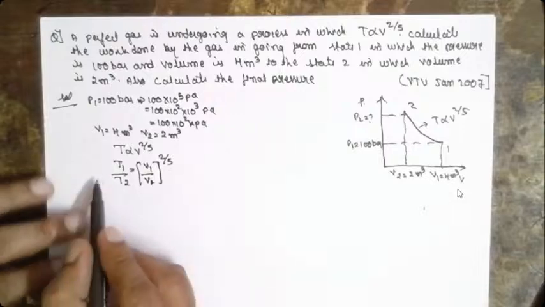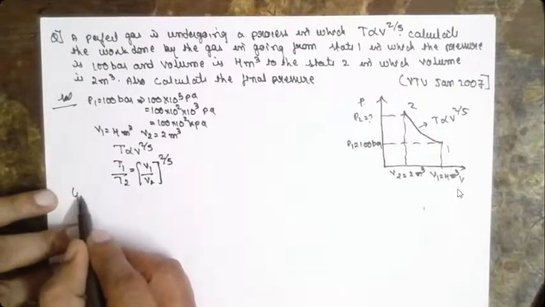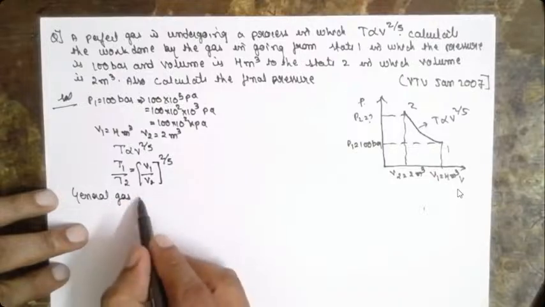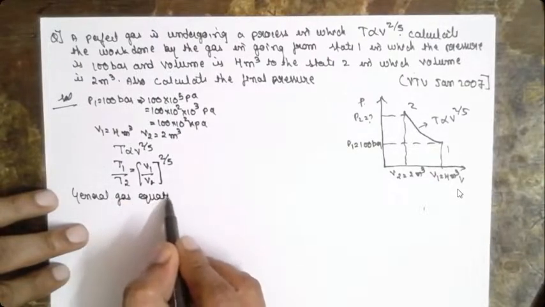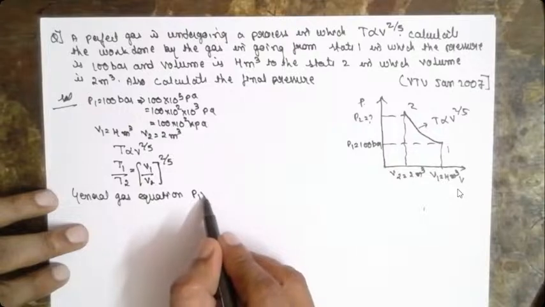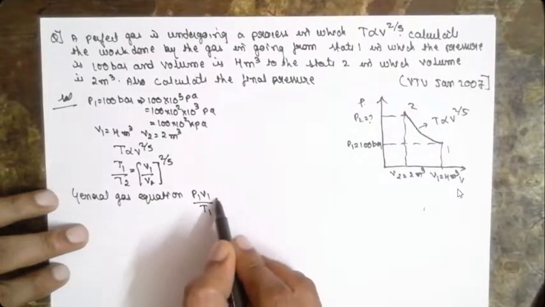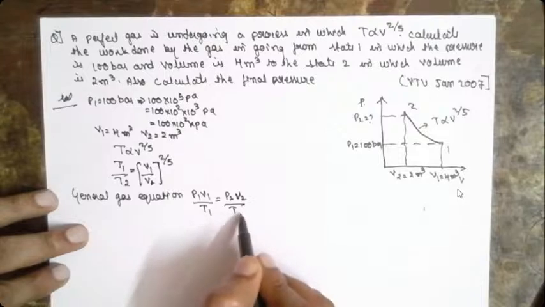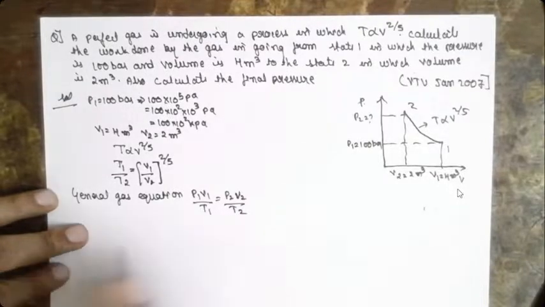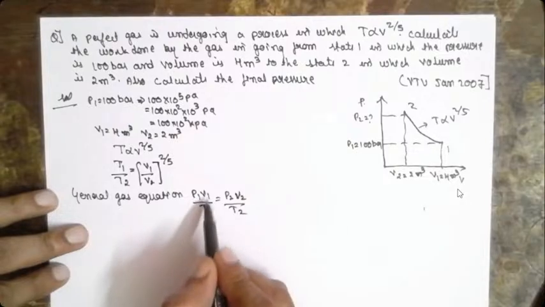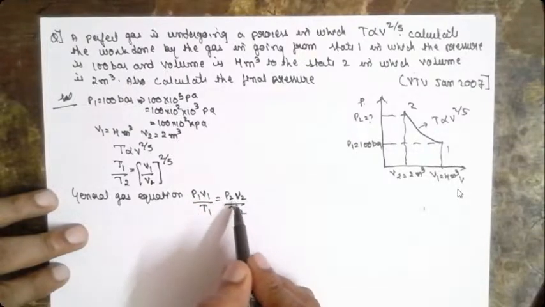Now by using the general gas equation, which is nothing but P1 V1 divided by T1 equal to P2 V2 divided by T2. This is what we call the general gas equation: P1 V1 divided by T1 is equal to P2 V2 divided by T2.